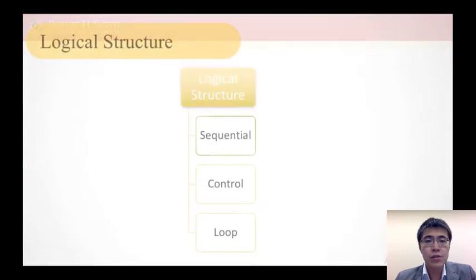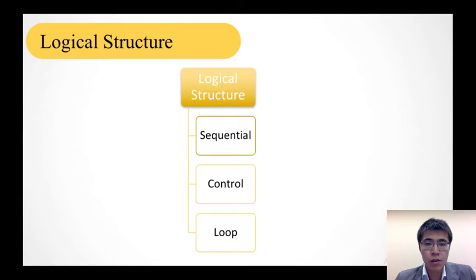Okay, let's first look at the logical structure. What is a logical structure? Why do you need them? The logical structure is used to help you construct your thoughts on doing the task. If you want to code your lines to solve a particular task, you need to think through what you are going to do and how you do it.